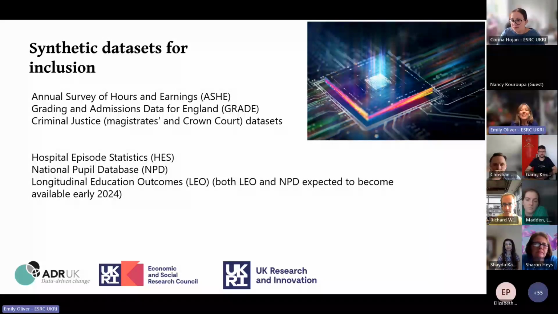So in the funding call, we flagged a number of data sets that we would like applicants to reference in their applications as ones that they will look into. The ones that we've named are ones which we have particular interest in, as they've either been used or they will be used by researchers using ADR UK flagship datasets.